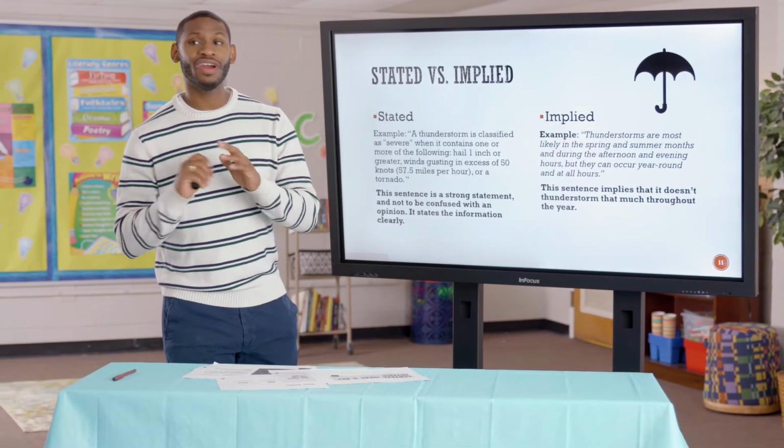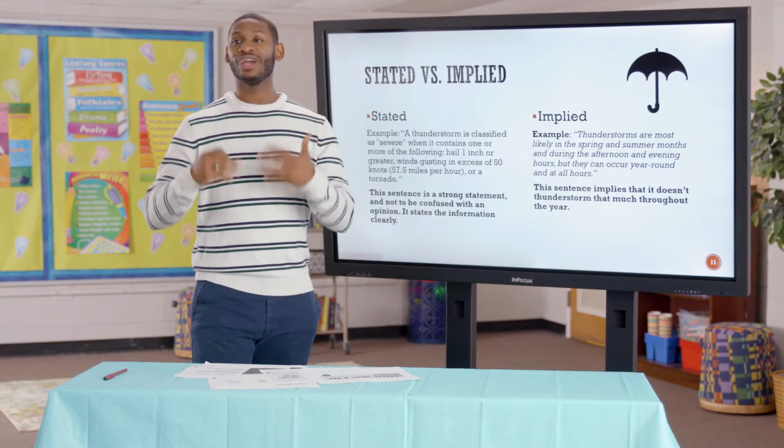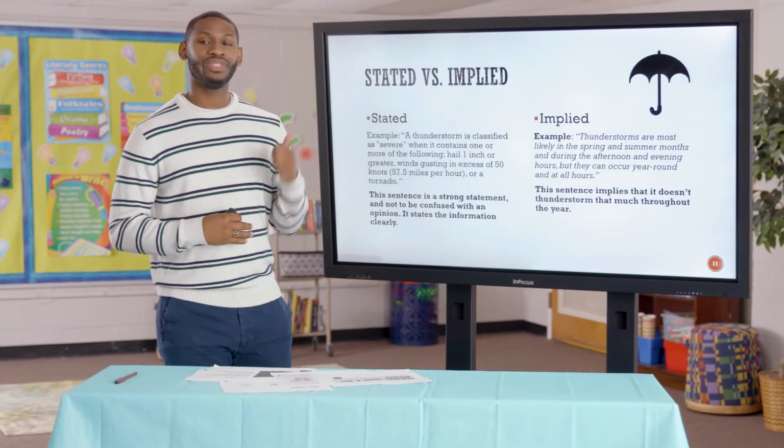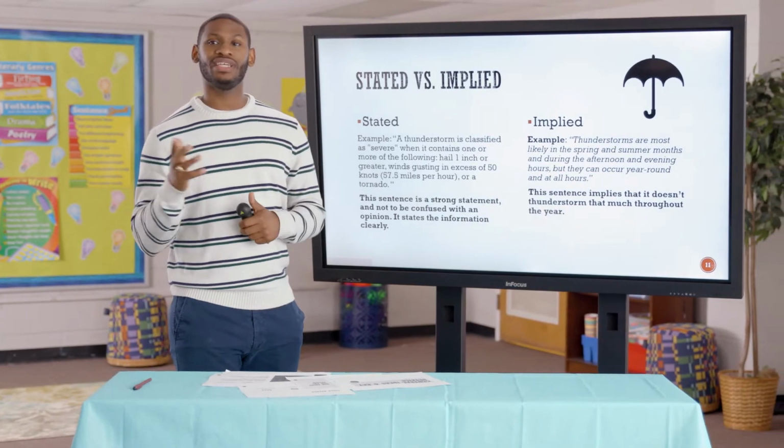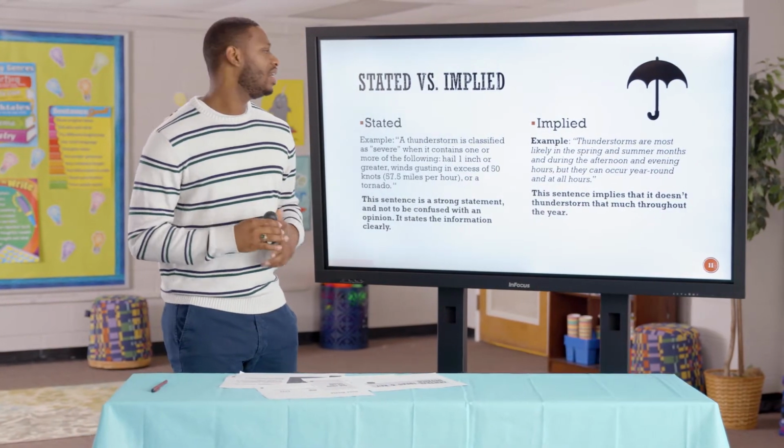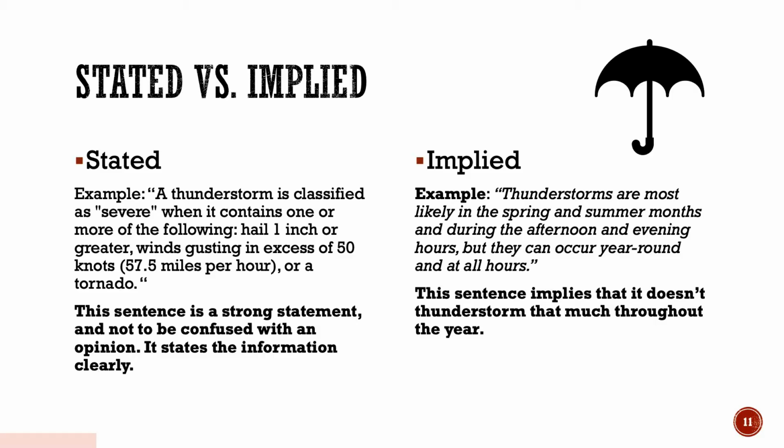Now, before we start organizing our thoughts with that organizer we talked about in the previous slide, let's talk about stated versus implied. What does that mean? Let's take a look. Here's an example of something that is stated straight from the text, right? Hint, I have quotation marks, which means it's a direct quote, all right?